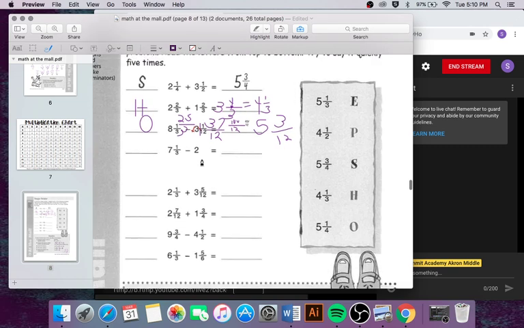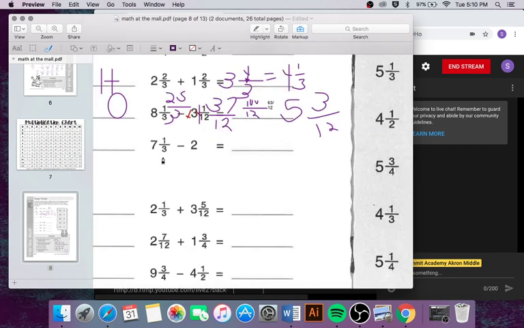Now down here for this one, we only have one fraction. So we're only going to subtract the whole numbers. So it's going to be 7 minus 2, which is 5, and 1/3 minus nothing, which is going to be 1/3.